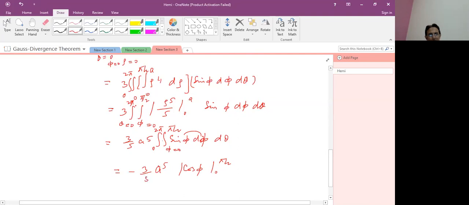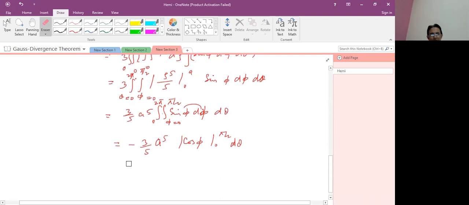So when we put in cos 90, it is 0. So 0 minus cos 0, which is 1, into d theta. So it is minus 3 upon 5 a to the power 5.